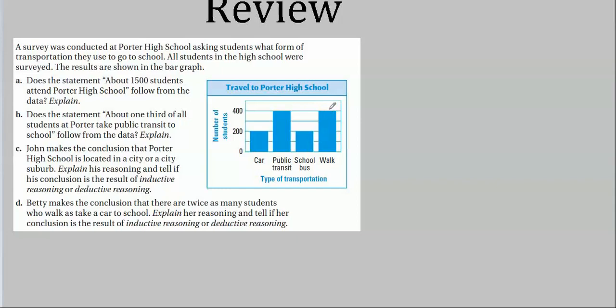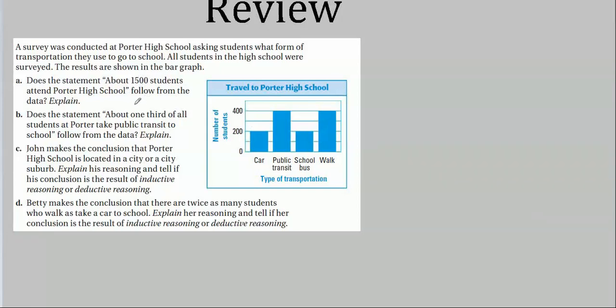I seriously doubt that statistic. 200 took the school bus, and 200 took a car. So I would say that this doesn't follow from the data. Assuming nobody turned in a survey twice, there are at least 1,200 students. Other than that, you don't really know what's going on.